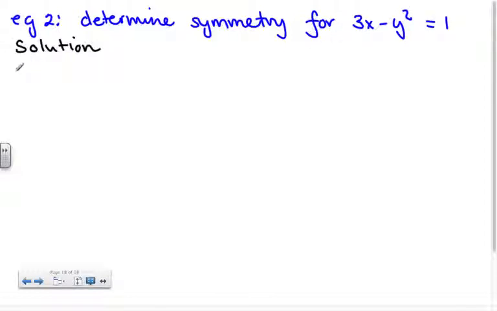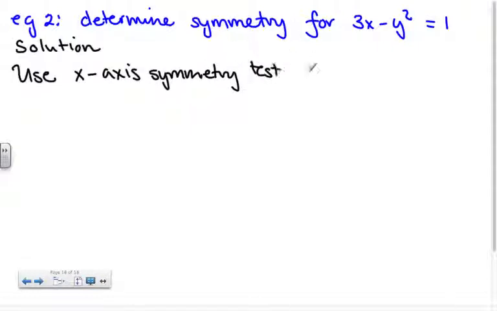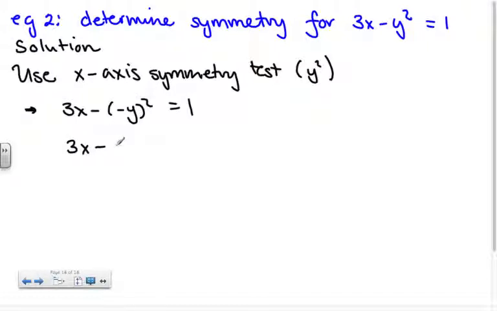So in this case, I want to use the x-axis symmetry because of the y squared. So we plug in negative y in this equation equals 1. Anything squared inside the parentheses is of course positive. So it's 3x minus y squared is 1, which is the same equation as the original.